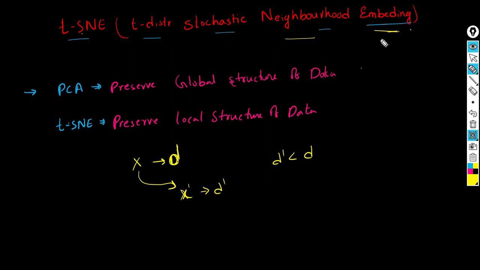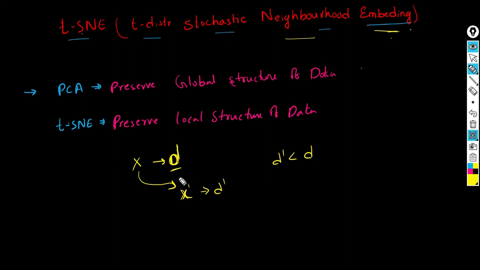That's why we call it embedding. And neighborhood means we are going to preserve the distance of the neighbors. We are not going to preserve the distance of points that are very far apart in the d dimensional space. We are only going to preserve the distance between the neighbors.